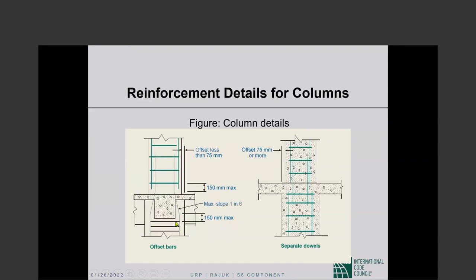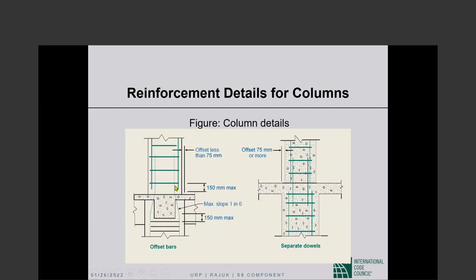If you decide for that kind of a bend, the maximum slope is 1 in 6. And then you have to start ties. So if you bend the bar, there is a horizontal thrust. To resist that, you will need transverse reinforcement. Those have to start no more than 6 inches below where you bent it.